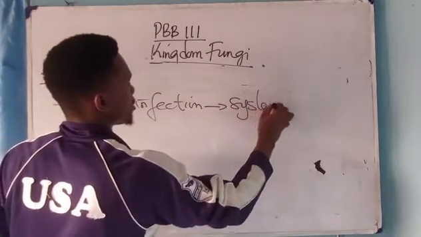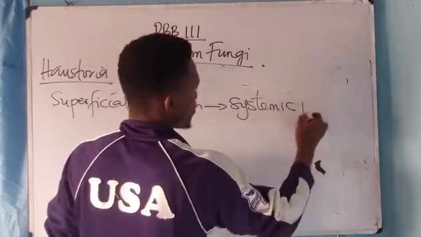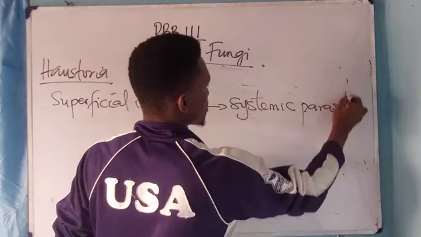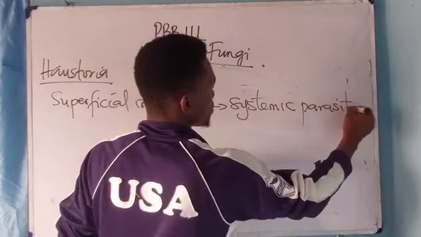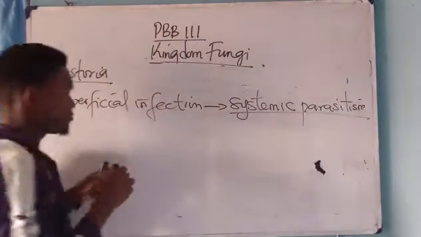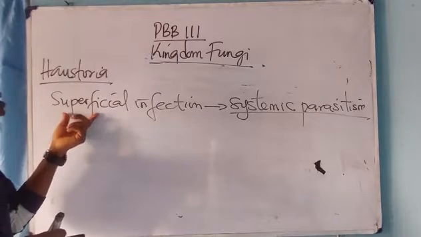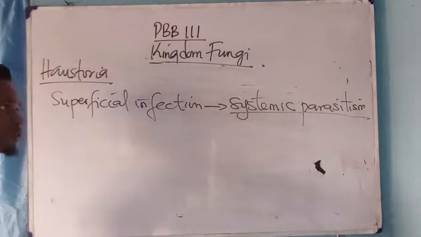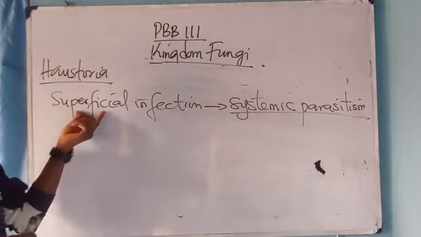Systemic fungi, and they are systemic what? Parasitic. Systemic parasitism, since it's what? An association. A parasitic fungus that grows through superficial infection is called what? A systemic what? Fungus.